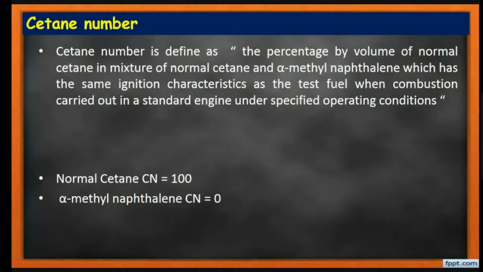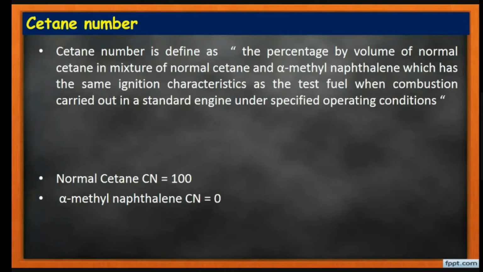So Cetane number is defined as the percentage by volume of normal cetane in a mixture of normal cetane and alpha methyl naphthalene, which has the same ignition characteristics as the tested fuel when the combustion is carried out in the standard engine under given specified operating conditions. Student, as we know, for the octane number we use two references, iso-octane and normal heptane.